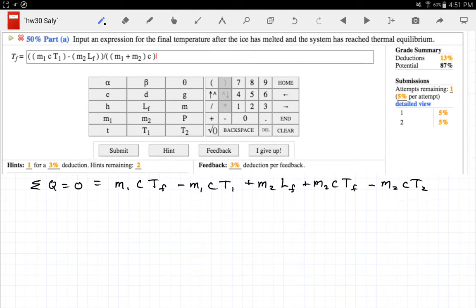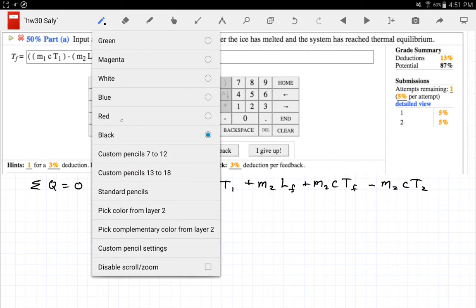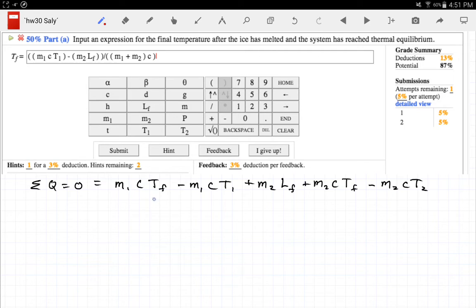Now with all of that written out, all I have to do is solve this for T final. I will note here in red that I have T final here and here. So I'm going to move everything that's not those two terms to the other side, and I'm going to factor out the M1. What I'm going to have is T final times C times M1 plus M2 equals, now everything else moved to the other side, so it's going to change signs. This is going to be positive, negative, positive.